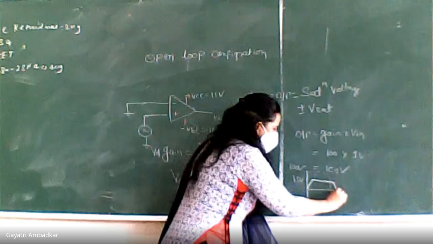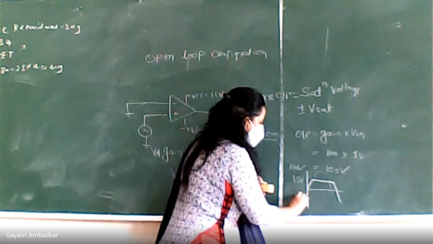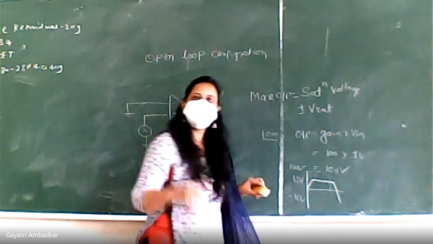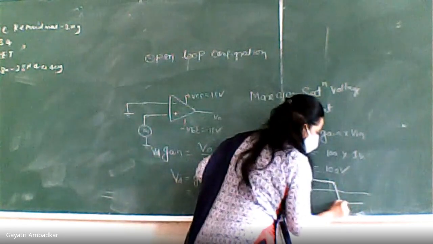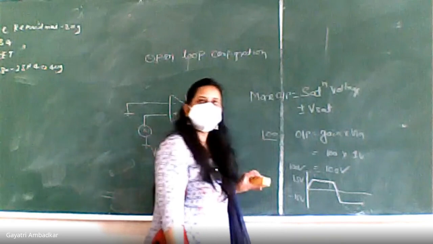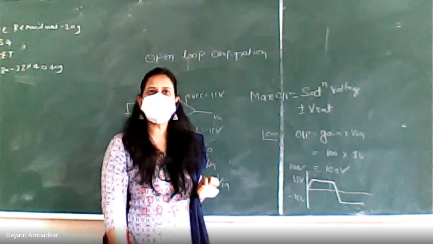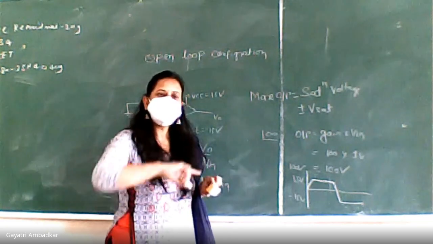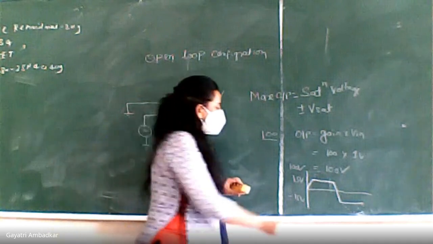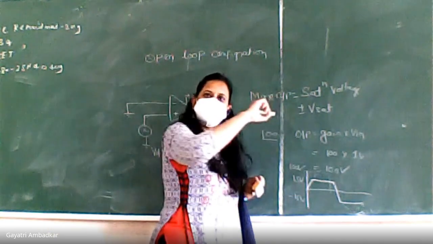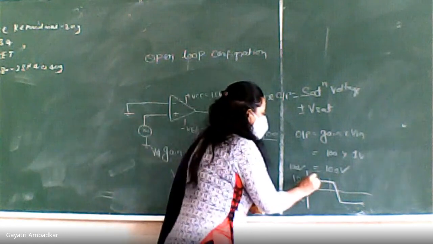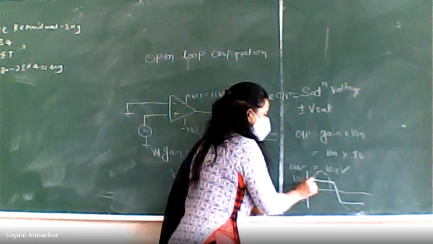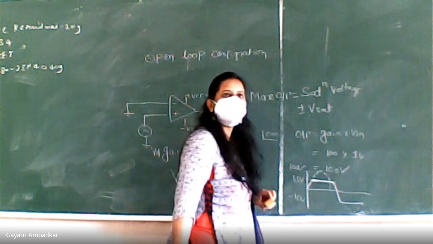Again it will drop. It will move in this direction. Up to minus 15 the signal will get amplified and rest of the part will not amplify. How much output are you supposed to get? 100. But this signal will not go up to 100. Only from 0 to 15 it will increase and then it will be clipped. So this portion you will not be able to observe, but you will get your saturated output.